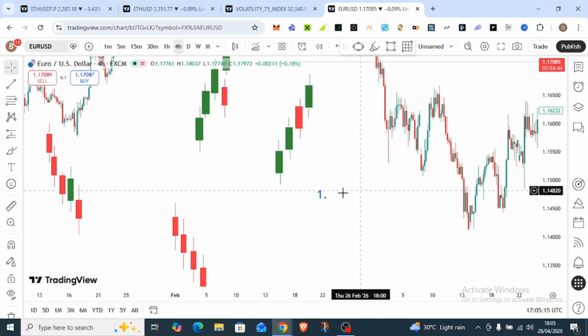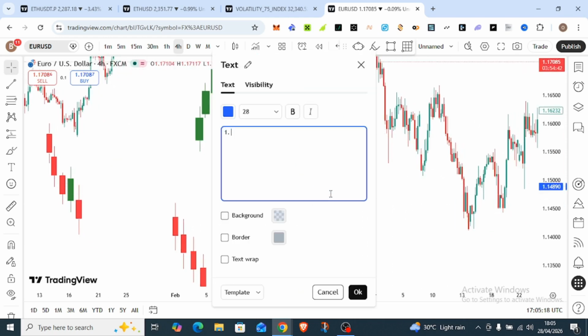There are two types of order blocks. Number one, we have the bullish order block.